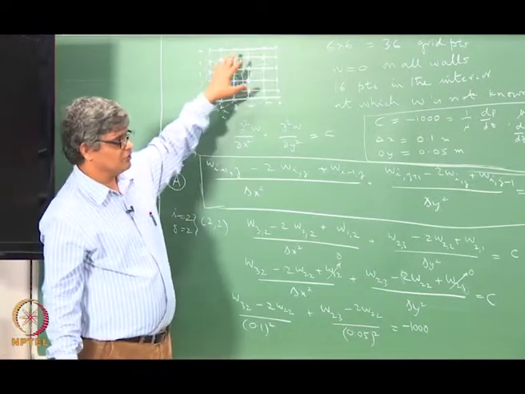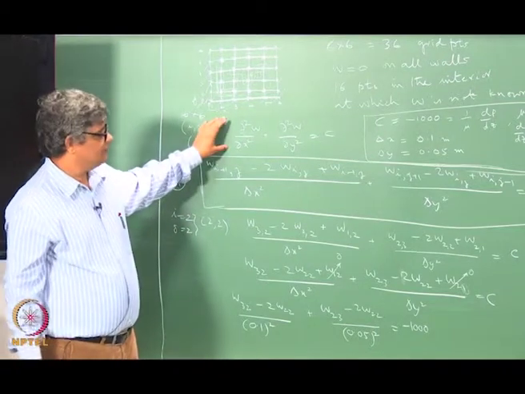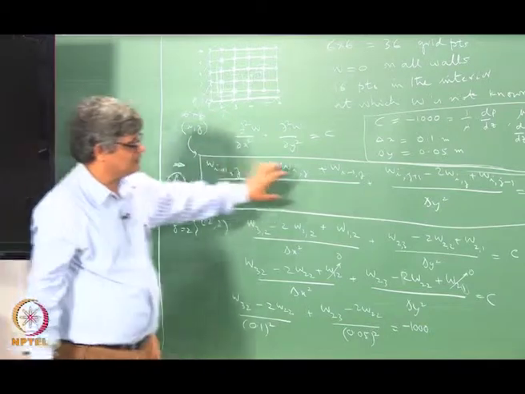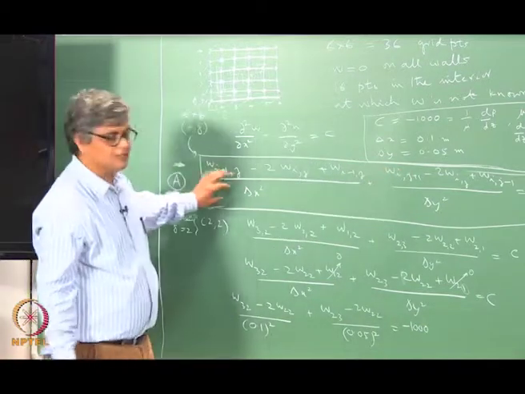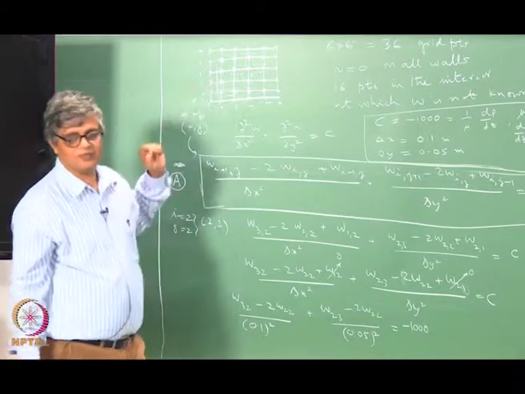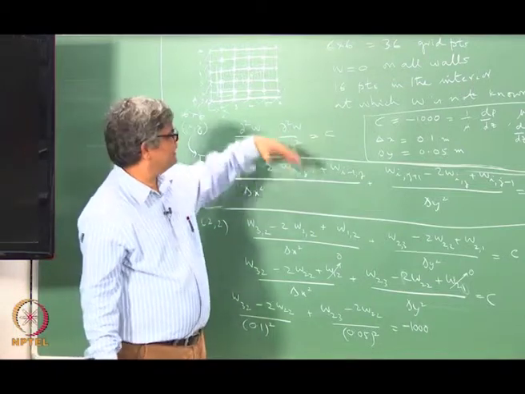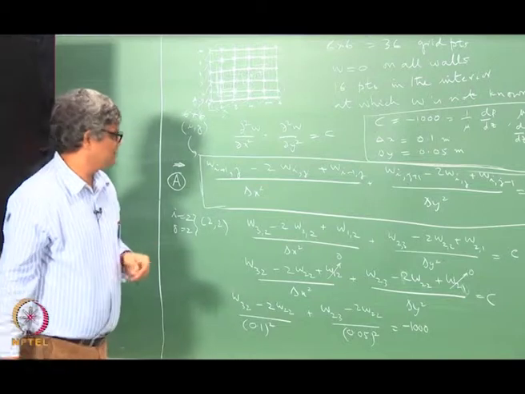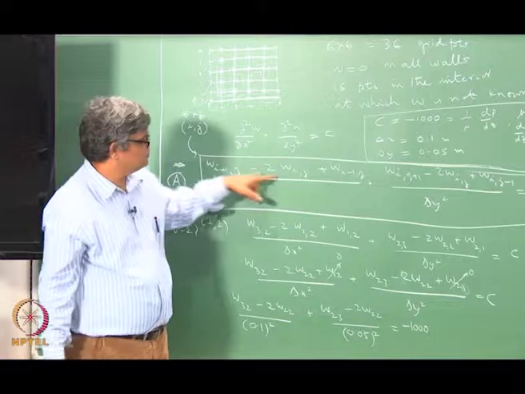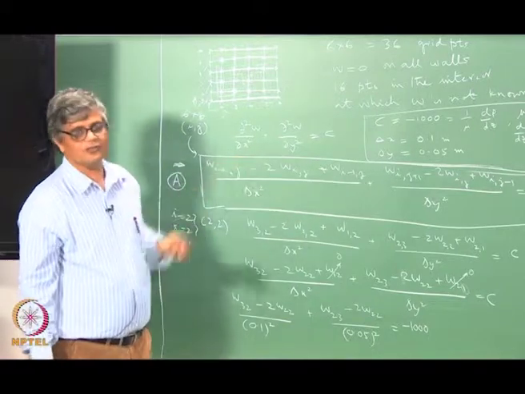This computational molecule depends on the equation that we are trying to solve and the difference approximations that we are trying to make. So, if we make use of another approximation, then the computational molecule may change, and if we have additional terms in this, again the computational molecule will change, and the coefficients for each of these points, again 1, 2, 1, like that, also depend on the difference formula that we use.